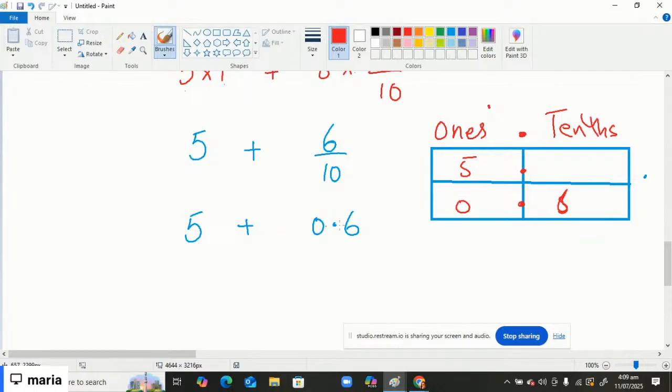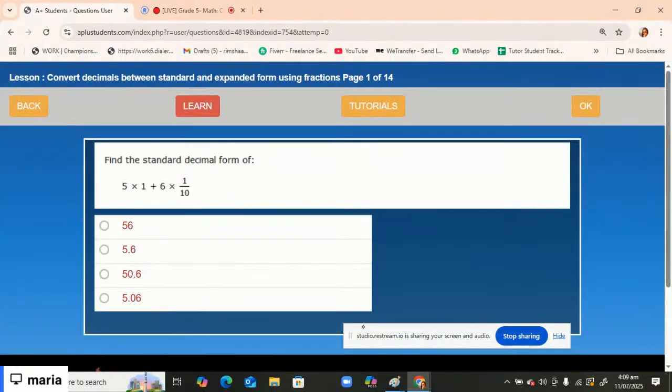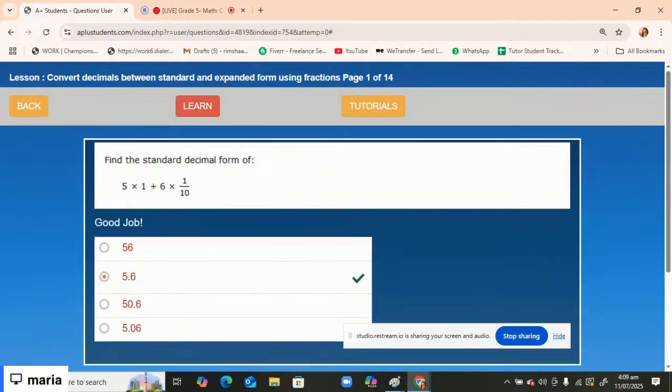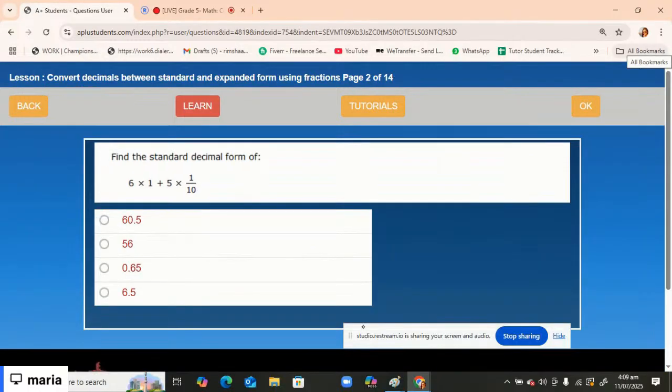So 5 plus 0 is 5, point as it is, 6 as it is, because these two are added. So this is 5.6. Let's see, is there an answer for 5.6? Yes, it's here, and this is the right answer. Let's discuss this one. 6 times 1.